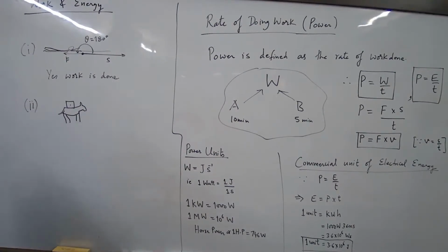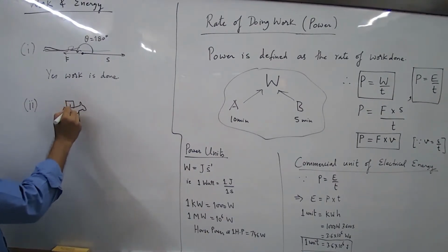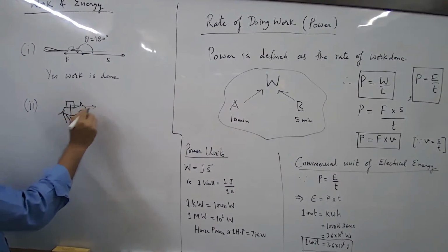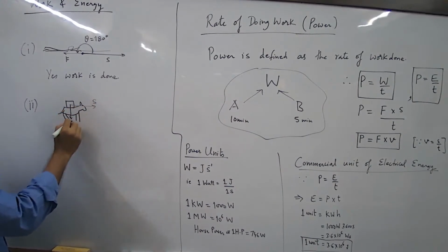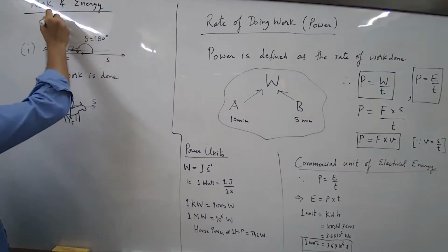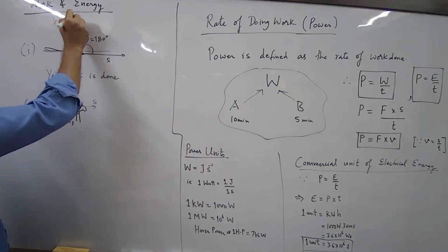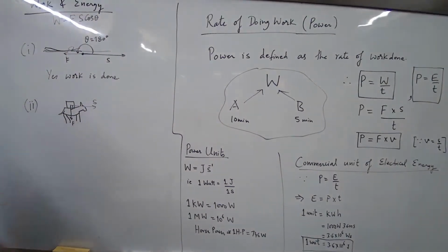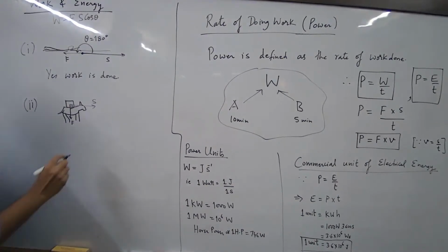Obviously, he must be moving. Let's say he is moving in this direction. So work not done, sir, 90 degrees. Yes, smart boy. So what's the formula for work? F s cos theta. Cos 90 is 0. So no work is done.